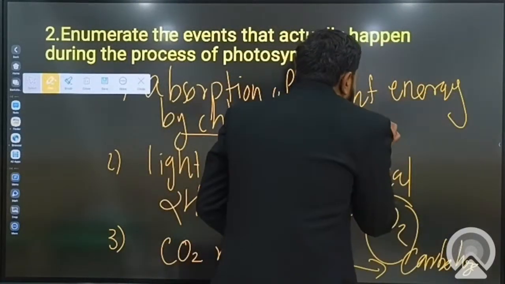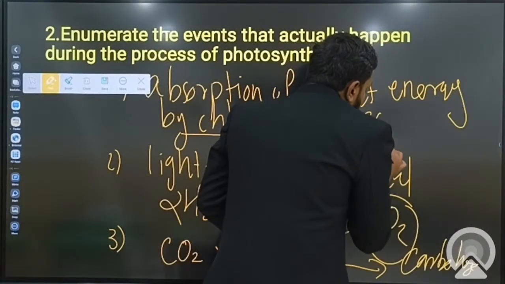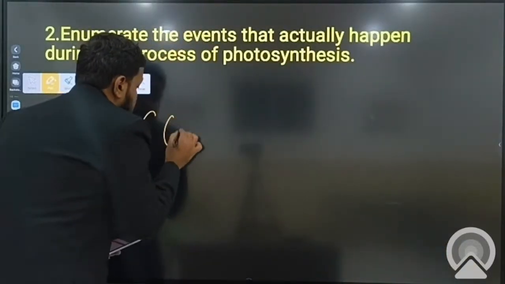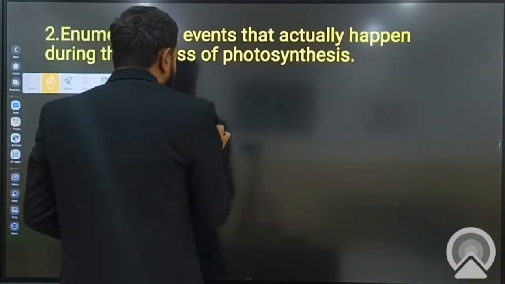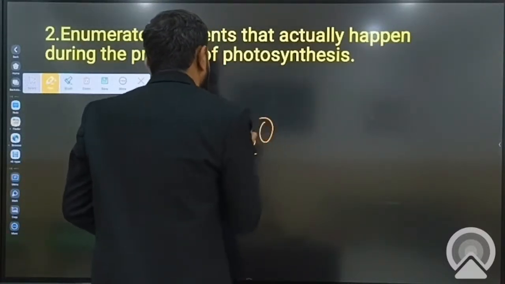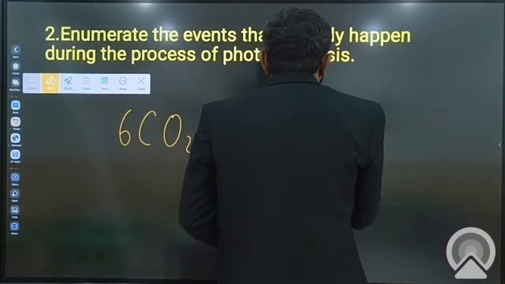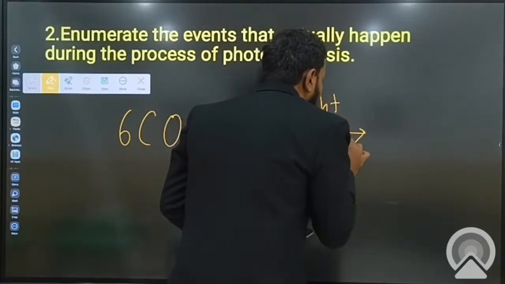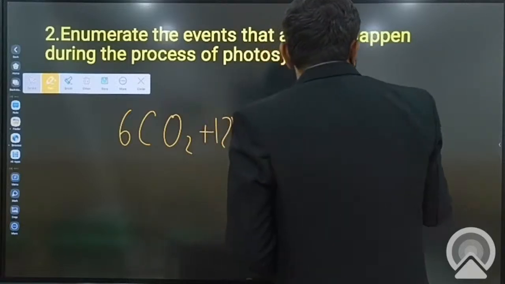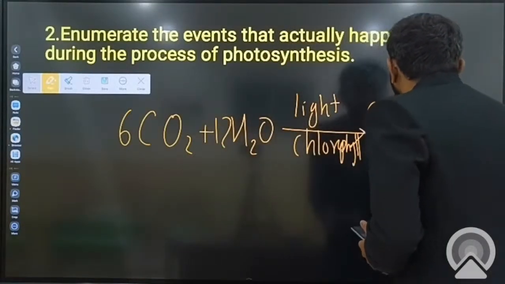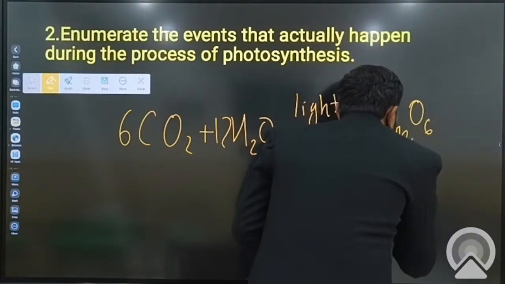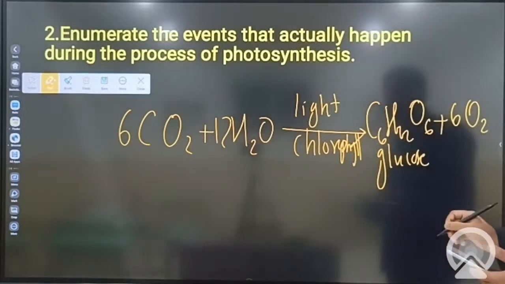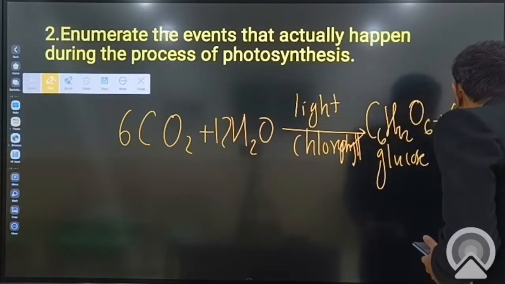That is 6CO2 plus 12H2O in presence of light and chlorophyll. What will be formed? C6H12O6, that is glucose, plus 6 oxygen molecules are formed and 6 molecules of water are also formed.